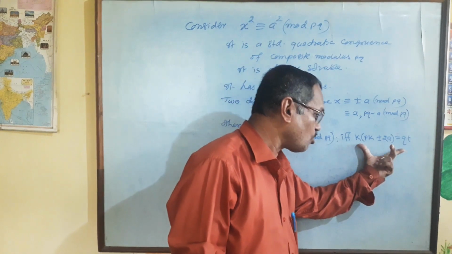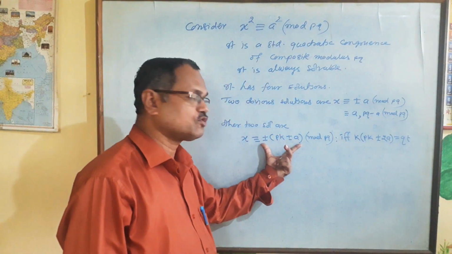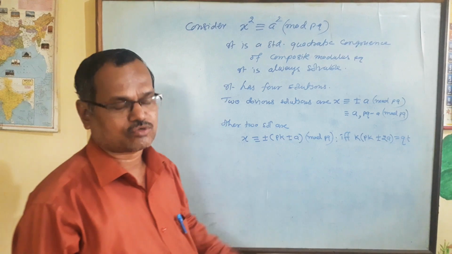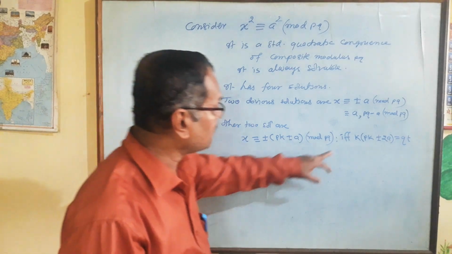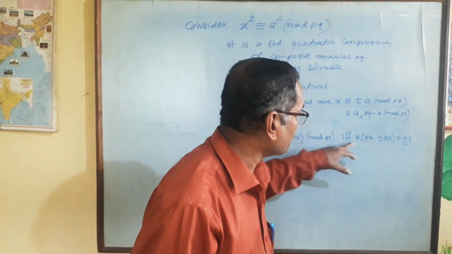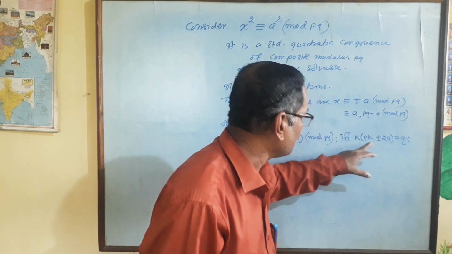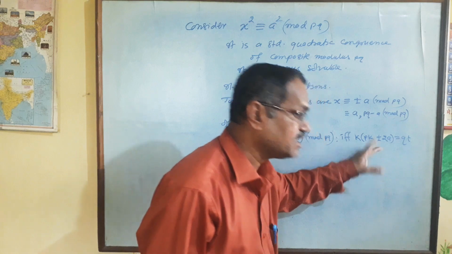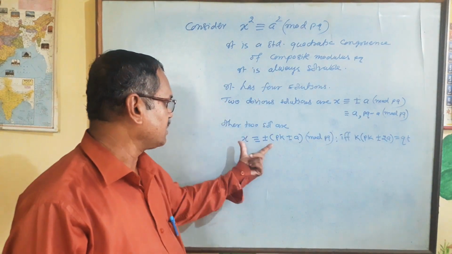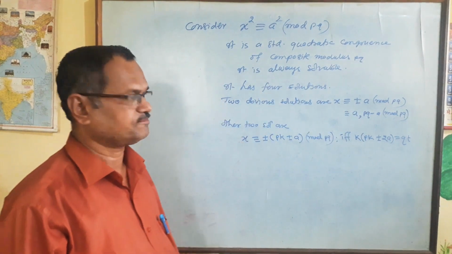Only if this condition holds will these be the two solutions. Otherwise, they are not solutions. We only have to decide the value of k. Here p, a and q are given, so we only have to find k. For one value of k, this will be satisfied, and for that value of k we will get the two solutions.